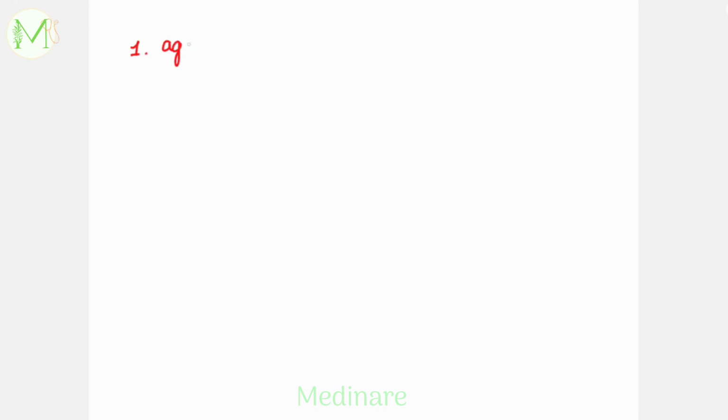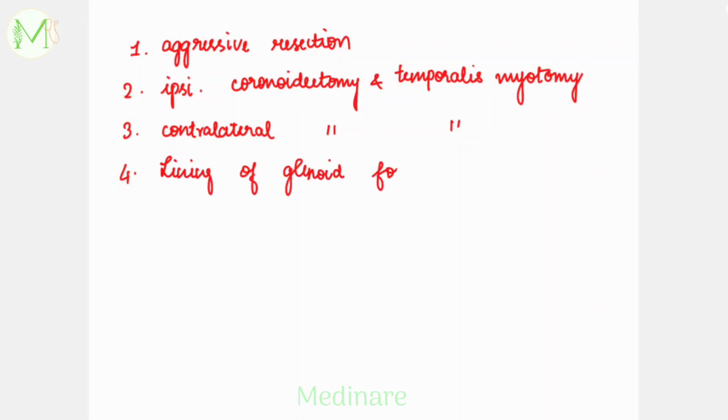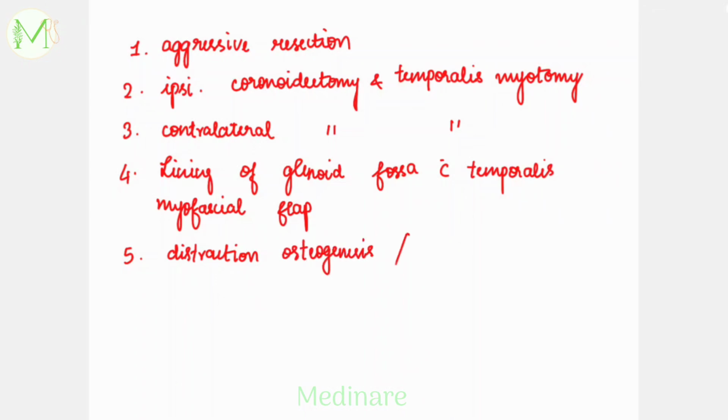So the first step is aggressive resection of the condylar mass, followed by ipsilateral coronoidectomy and temporalis myotomy, followed by which, if the interincisal distance is less than 35 mm, we will proceed with contralateral coronoidectomy and temporalis myotomy, after which we will line the glenoid fossa with temporalis myofascial flap or the native disc, and total joint reconstruction is done with the help of distraction osteogenesis or costochondral graft.